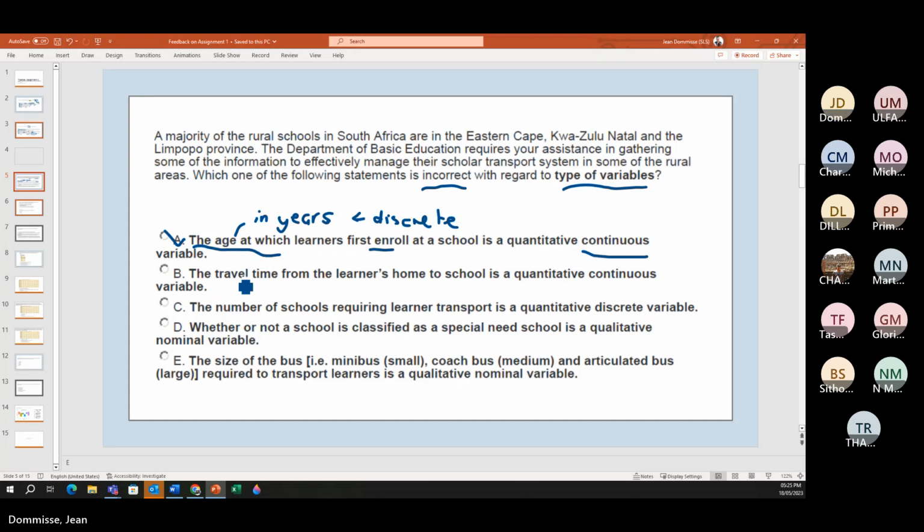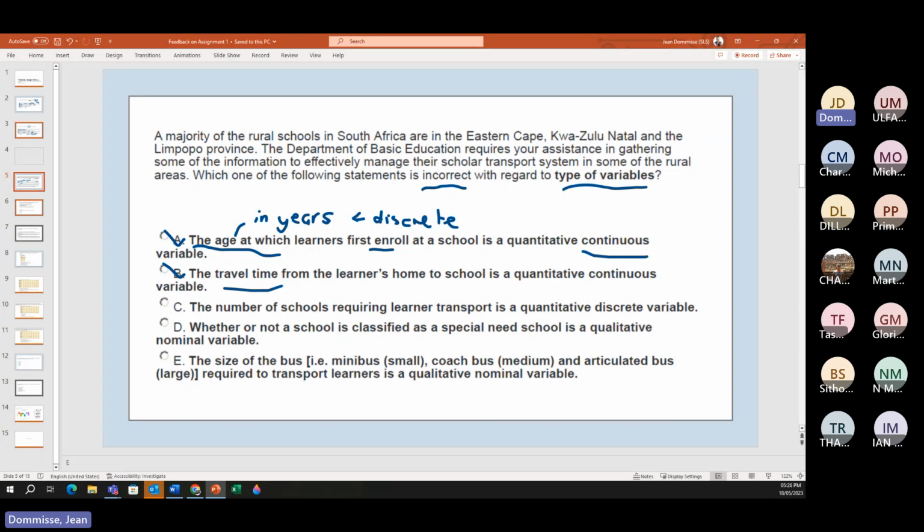Okay, the travel time from the learner's home to school is a quantitative continuous variable. Exactly the same, because my travel time to school and your travel time to school will be different.